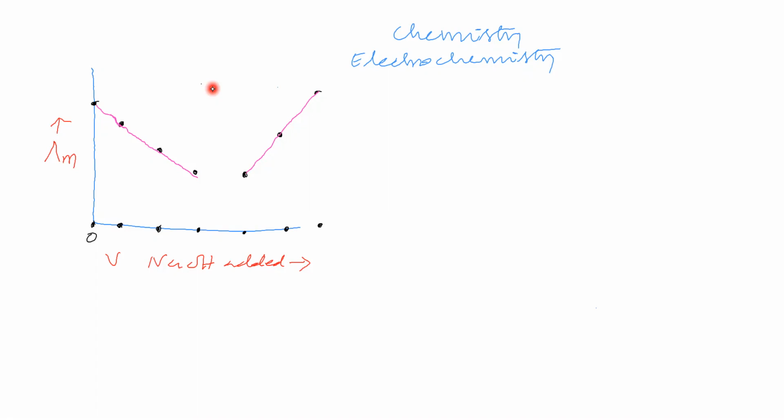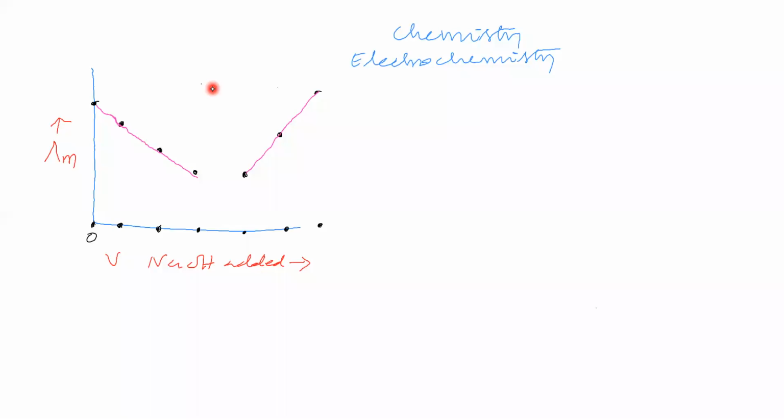Equivalence point means a complete reaction takes place. Initially, as you go on adding sodium hydroxide solution, lambda m goes on decreasing. Why does lambda m go on decreasing? Because H+ of HCl is replaced by Na+ of sodium hydroxide.